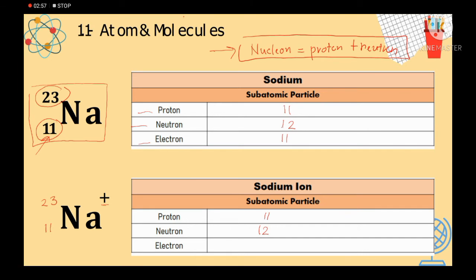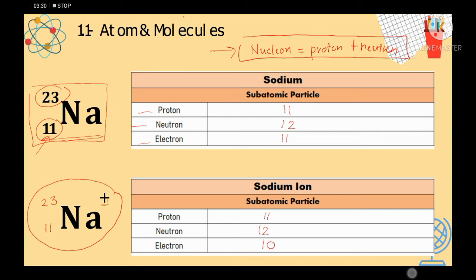But the number of electron is different from the normal atom, because it is a cation. The charge is 1 plus, which means it lost 1 electron. So atom has 11, the ion should have 10 because it already released 1 electron. That is how you write the isotopic notation for an ion.